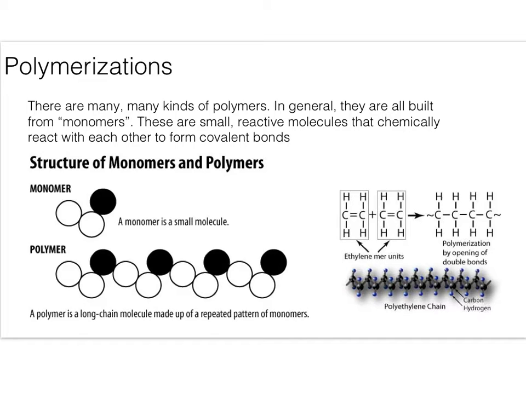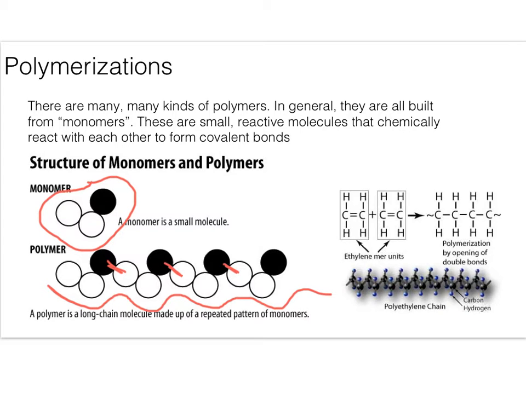And so you can see that here. So this is our monomer maybe, in this case white circle, black circle. And the polymer would be all linked up. And so this would make a new bond there, and a new bond there, and a new bond there. And ultimately you would get this kind of long chain polymer.